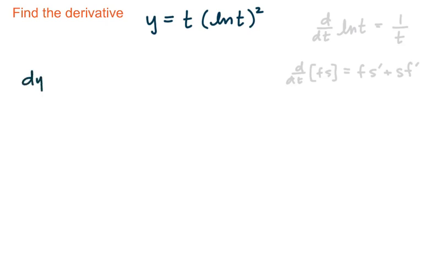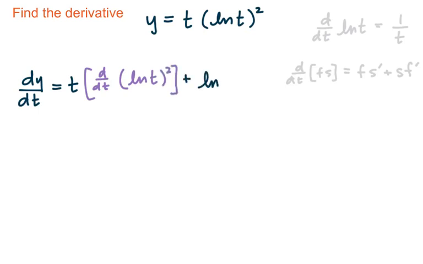So dy/dt, the derivative of y with respect to t, my independent variable, is the first, t, times the derivative with respect to t of the natural log of t squared, plus the natural log of t squared times the derivative with respect to t of t. I'll erase that so it doesn't look so crowded, but I used my product rule here.